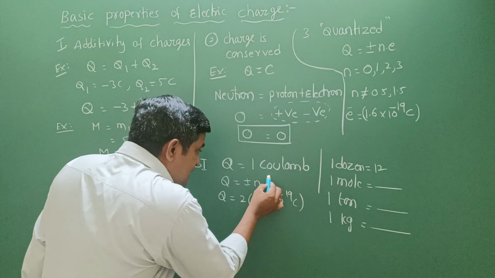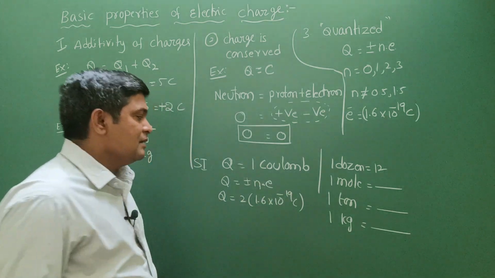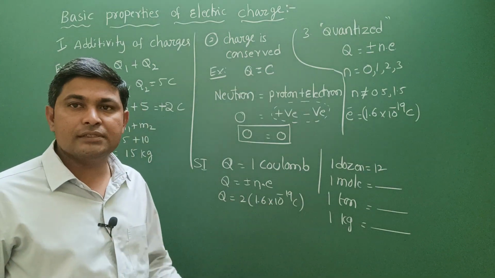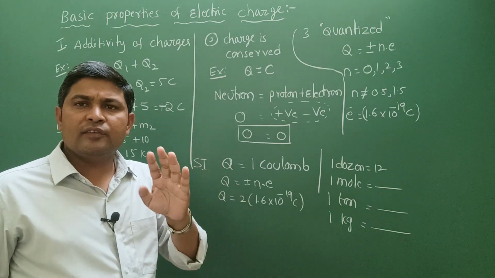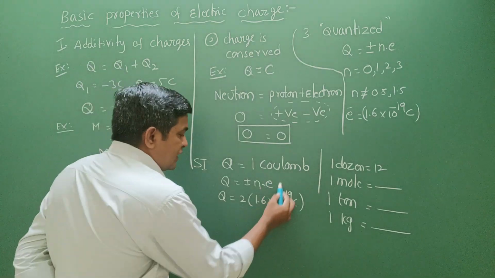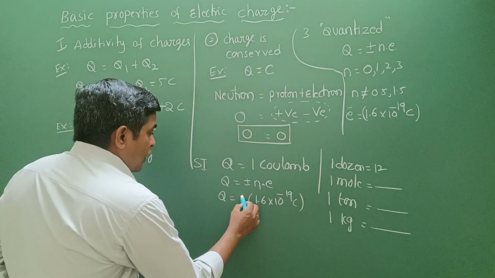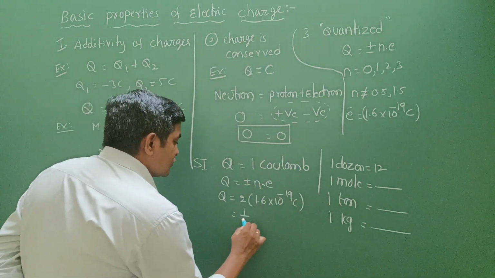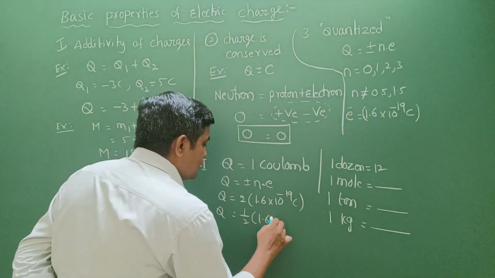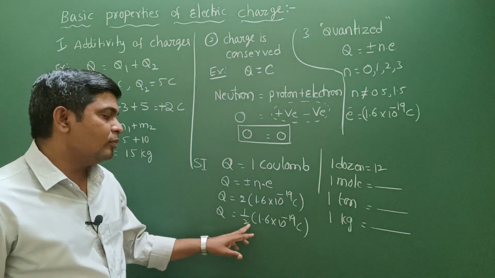This e value is already known as 1.6 into 10 to the power of minus 19, and that should be multiplied with an integer, 0 or 1, 2, 3, 4, like this, because we already know the meaning of that e charge. Now just imagine q equals to half into 1.6 into 10 to the power of minus 19 coulomb, 1 by 2 or 0.5.